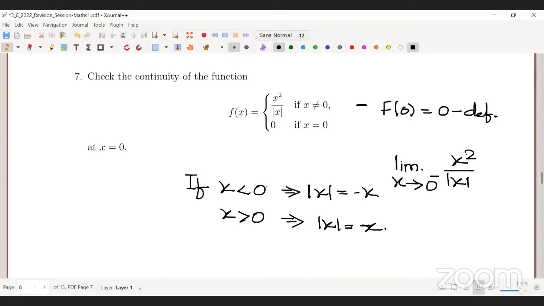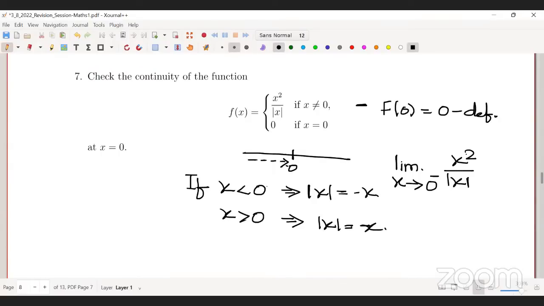Here x tends to 0 from the negative side, so the value of x is negative.